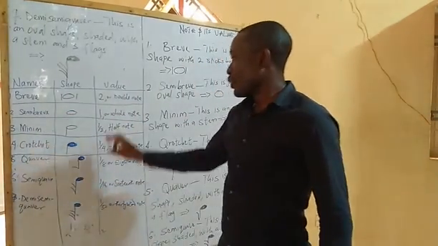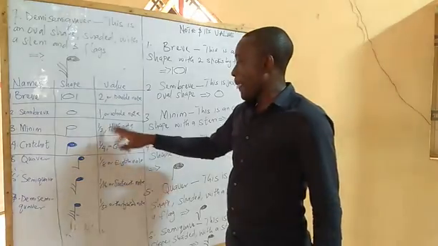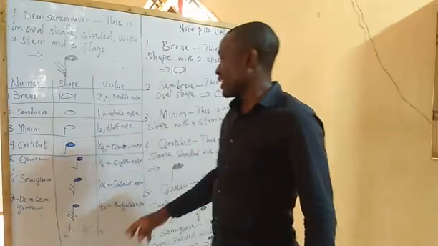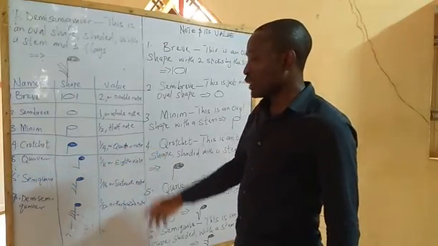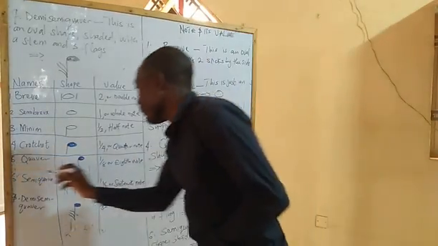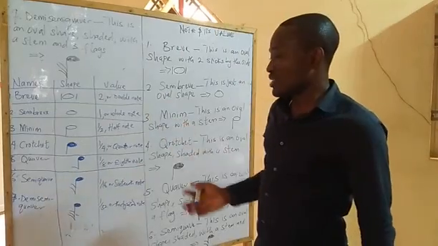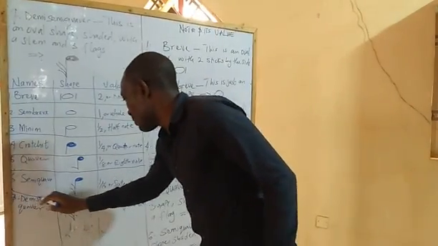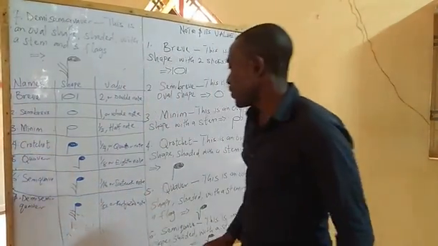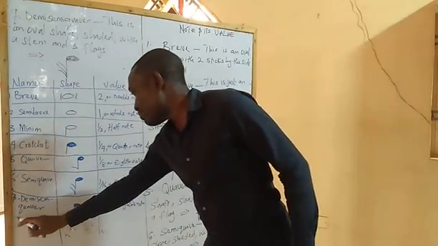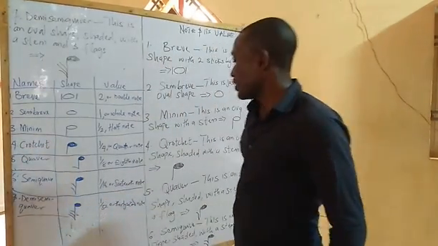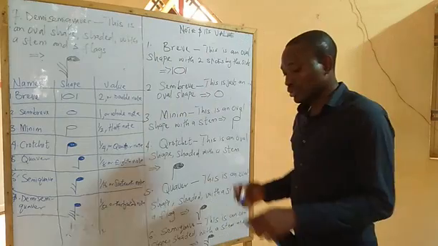The minim we call a half note. Then the crotchet is a quarter note. A quaver is an eighth note. Then the semiquaver, call it a sixteenth note. Then the demisemiquaver, call it a thirty-second note.